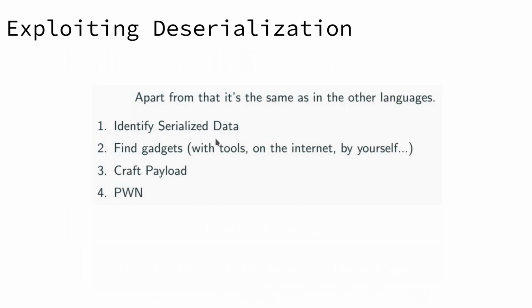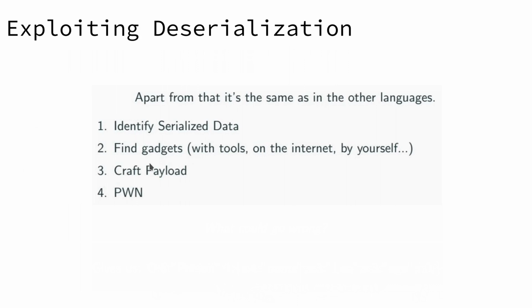But other than that, exploiting PHP deserialization vulnerabilities is pretty much the same as in Java or other languages. First you need to find the serialized data, then you need to find gadgets. We saw that in the Java video, some sort of hooks or whatever, because we can only modify attributes of objects we submit.